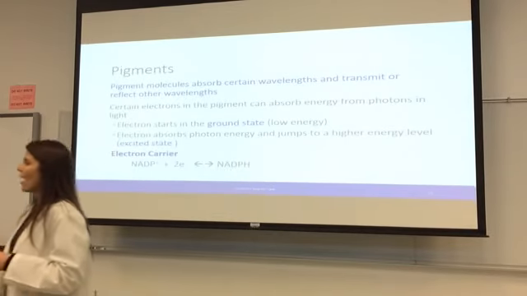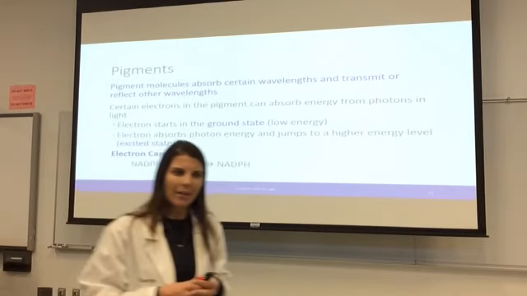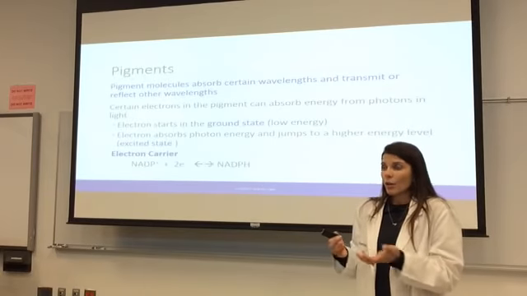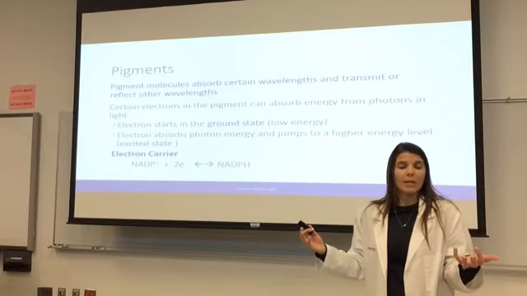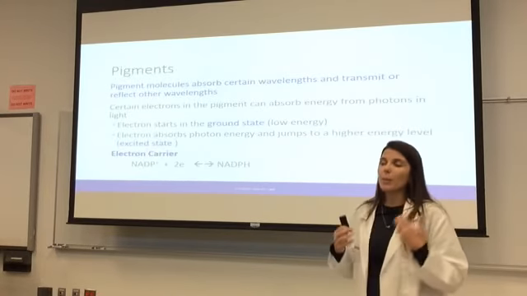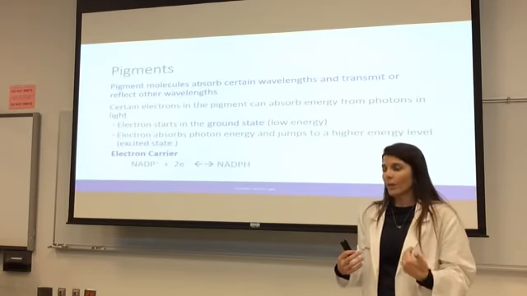Photosynthetic organisms have pigments. What is a pigment? It's a color. You and I have a pigment. Other organisms have pigments. So these photosynthetic organisms have pigments, and the purpose of a pigment is to absorb different wavelengths of light.